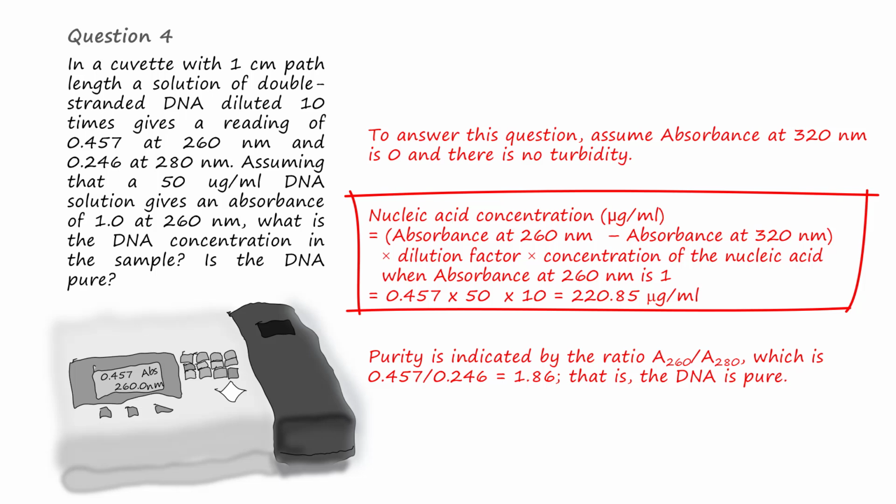Nucleic acid concentration is equal to 0.457 times 50 times 10, which is equal to 220.85 microgram per ml.